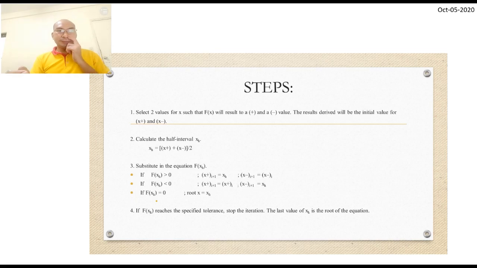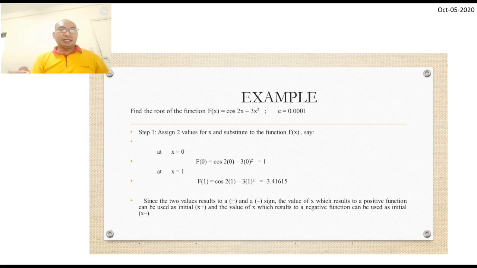So to fully understand the half interval method, let us take this example. We are asked to find the root of the function cosine 2x minus 3x squared, with the desired error equal to 0.0001.